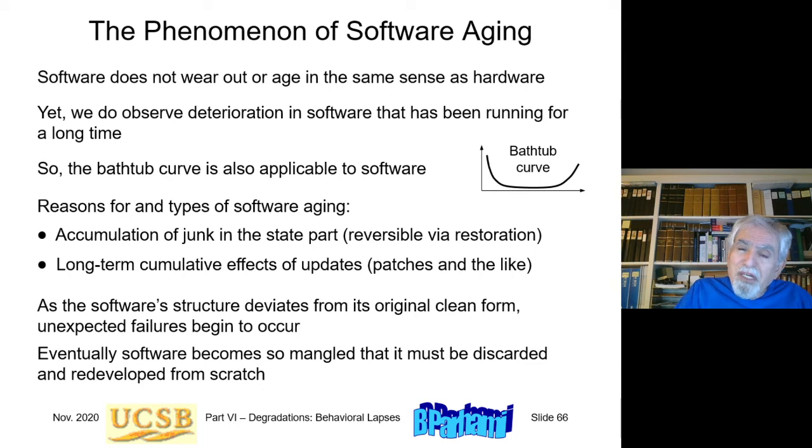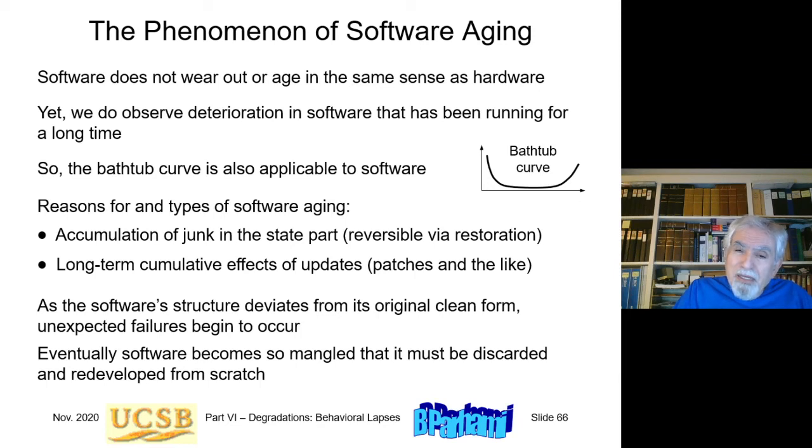And over time, it's just like if you have a piece of furniture that you have patched many times over the period you have owned it, it starts looking ugly and undesirable, and you may want to replace it, even though it's still working. It does its job. The same thing happens for software.